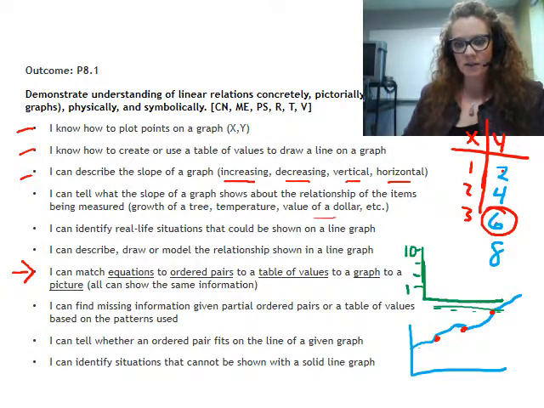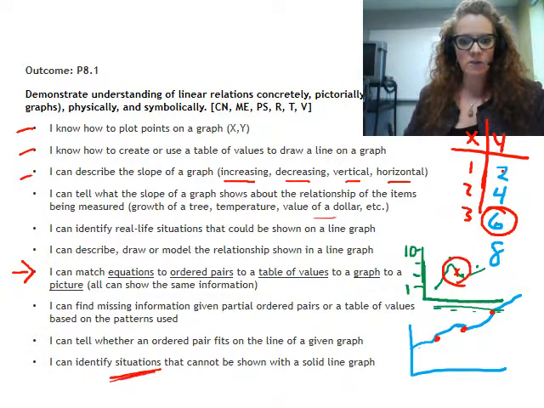And you can say that this guy said 1, and this guy said 10, and this guy said 7, and this guy whatever. And so you couldn't really connect those values because nobody said 6.5, but I have a spot on my graph that goes right through 6.5. And so that doesn't make any sense because that actually didn't happen. And so there are some situations that you just cannot show with a solid line graph.